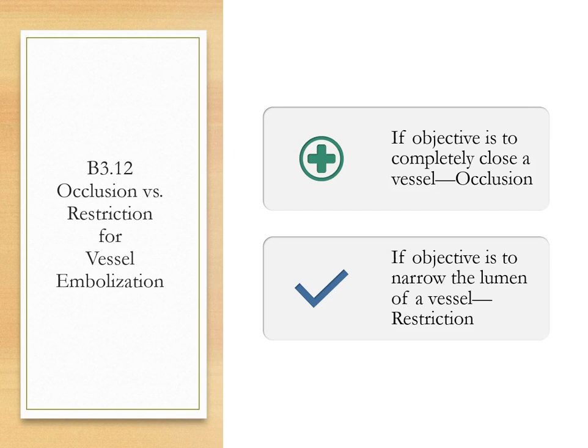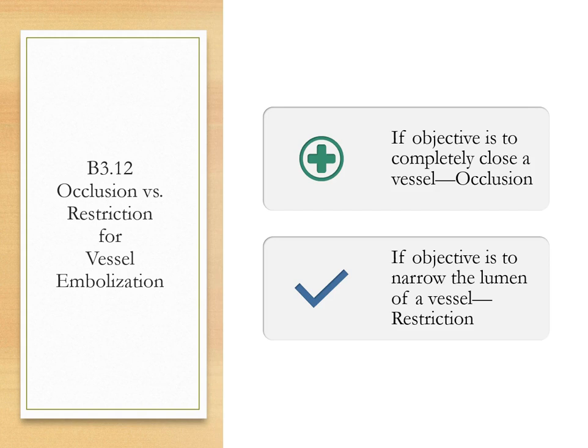All right, so here we're looking at occlusion versus restriction for vessel embolization procedures. So if the objective, and this is going to be in the documentation, if the objective of an embolization procedure is to completely close the vessel, the root operation of occlusion is used.